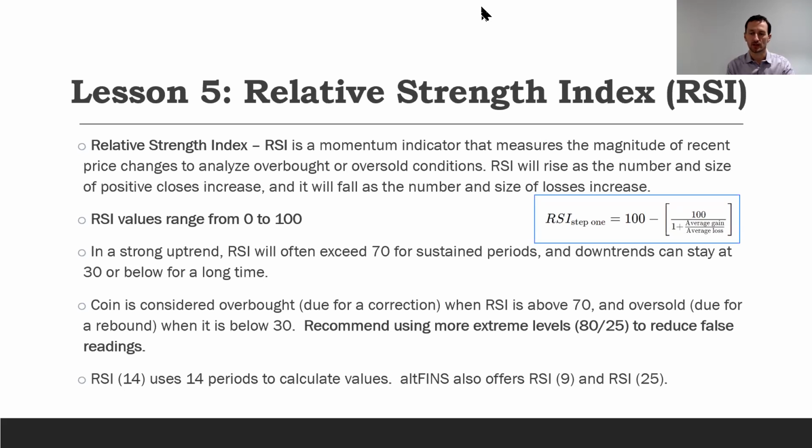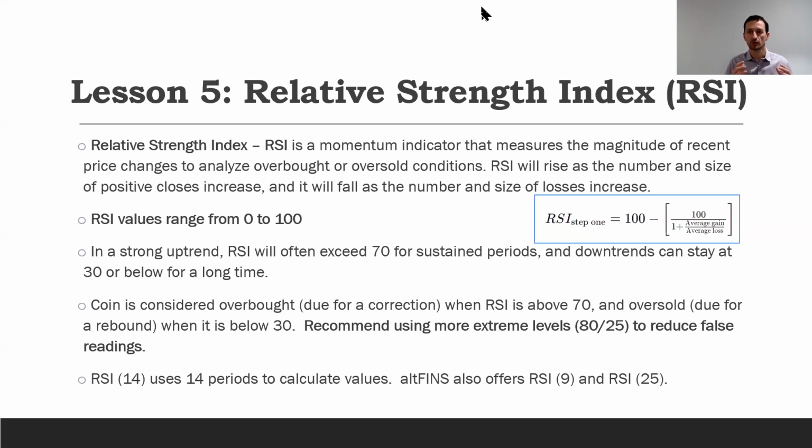As a result, it gives us a momentum indicator that measures the magnitude of recent price changes to analyze overbought and oversold conditions. And clearly, as the price rises and we have consistent gains day after day, the RSI will rise as the number and the size of positive closes increase.